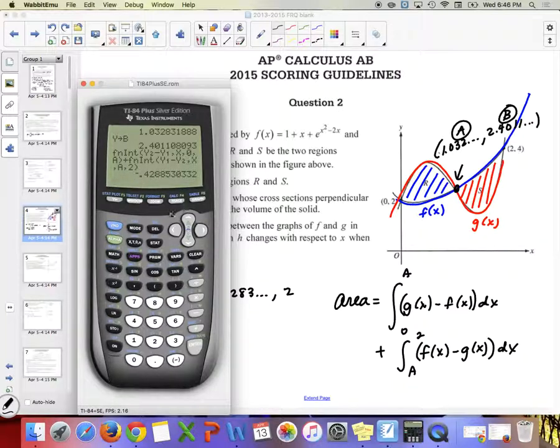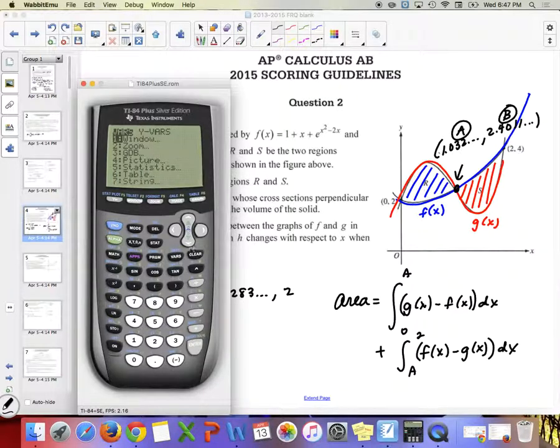Oh, you know what? I'm using y1 and y2, and it's not y1 and y2. It is y3 and y4. So I forgot I had the first question in there as well. So we're going to do y4 minus vars, y vars function, y3, and then the same thing here, but y3 minus y4.